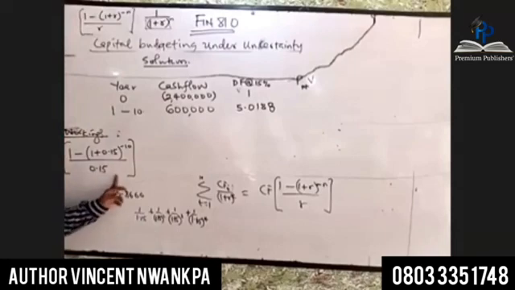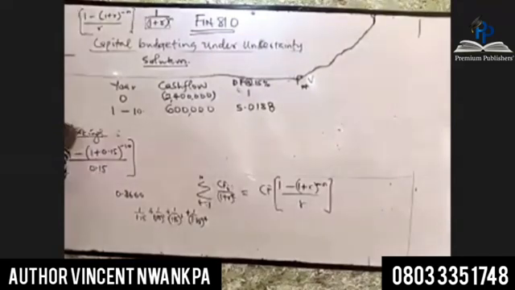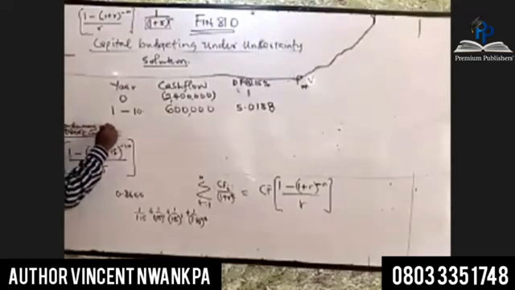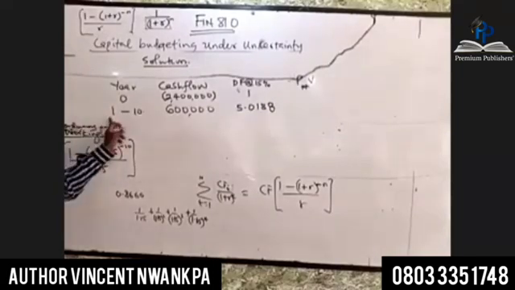Present value annuity. This is a long journey. This is the present value ordinary annuity, as a formula. That formula helps you when it is from 1 to 10.